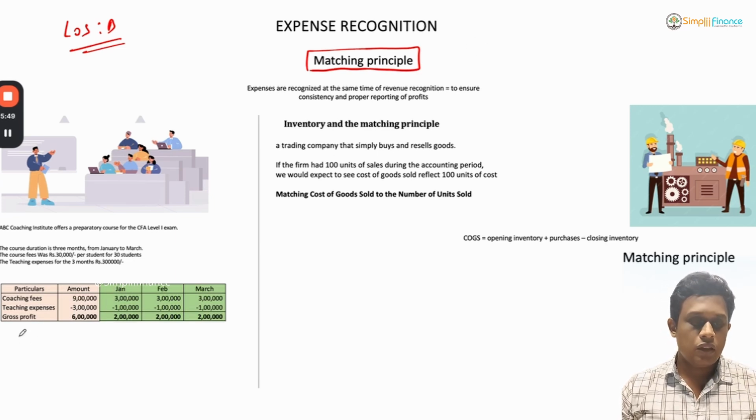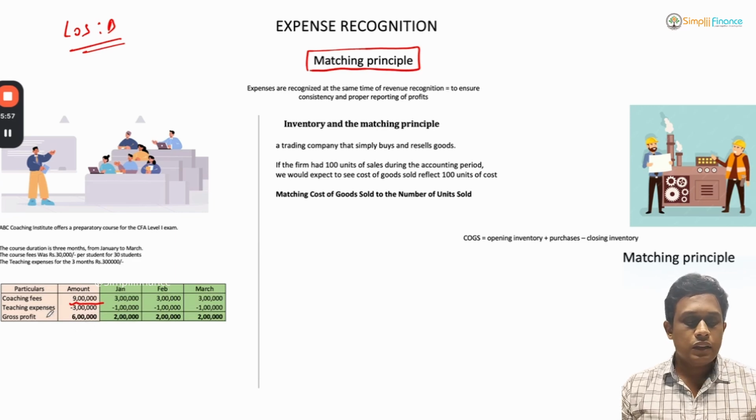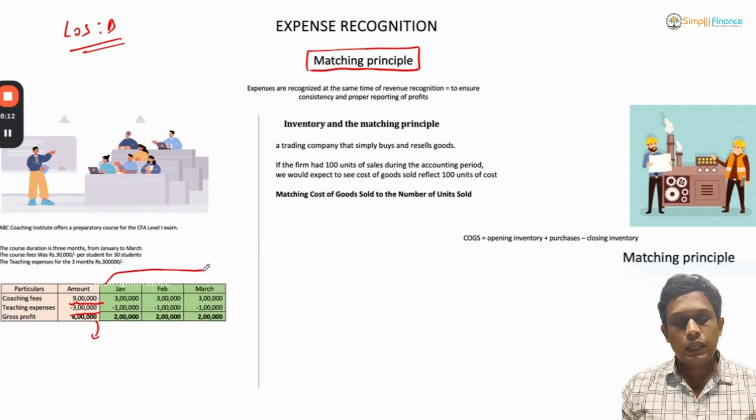So here, let's say we are a coaching institute which collects total coaching fees of 900,000, and let's say the teaching expenses for the teachers was 300,000. So totally we have a gross profit of 600,000. But let's say the coaching is to be catered for 3 months.